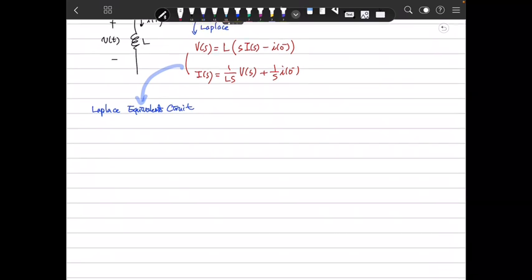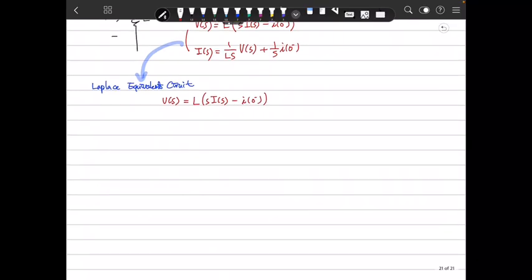First, Vs was L times S times Is minus the initial current. So based on here, this inductance will be Ls, and there is a voltage source, L times the initial current, in here.